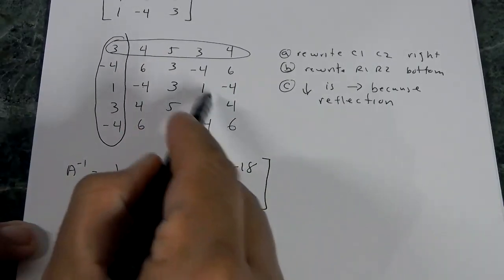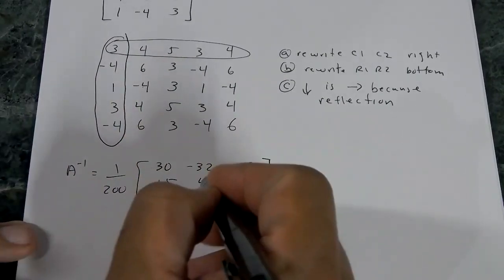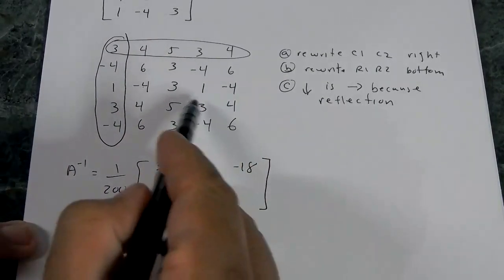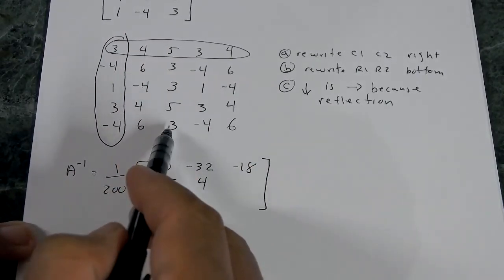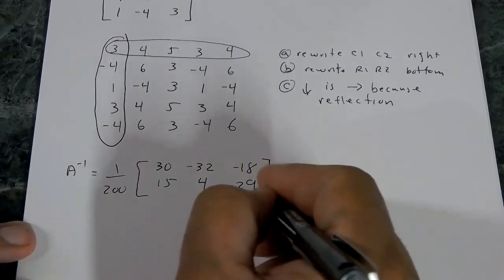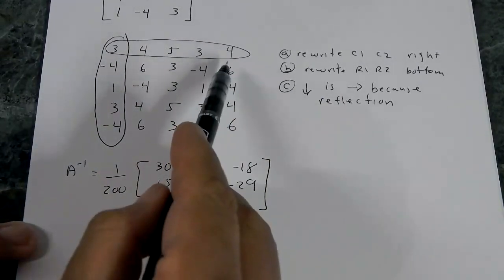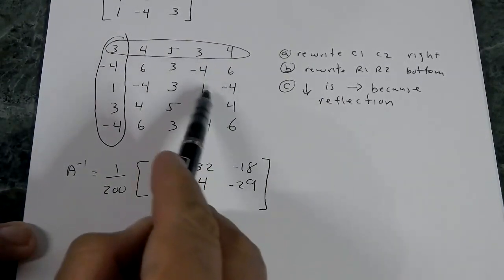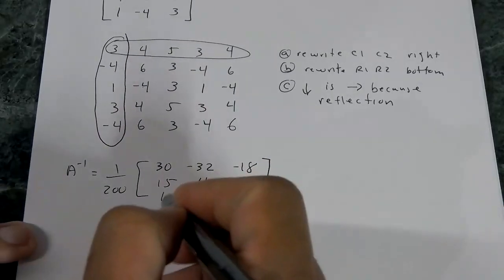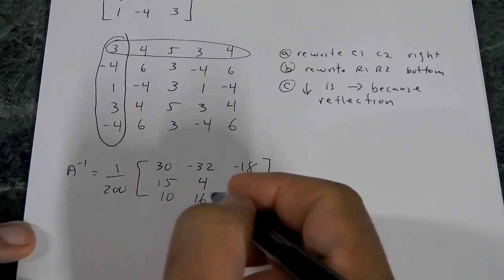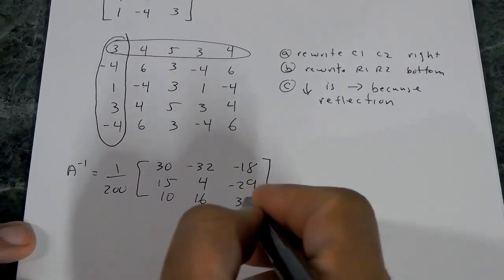Then these 4 right here, 9 minus 5 is 4. Then these 4 right there, -20 minus 9 is -29. And then finally, I'm going to do these 4 right here, then these 4, then those 4. And you end up with 10, 16, and 34.